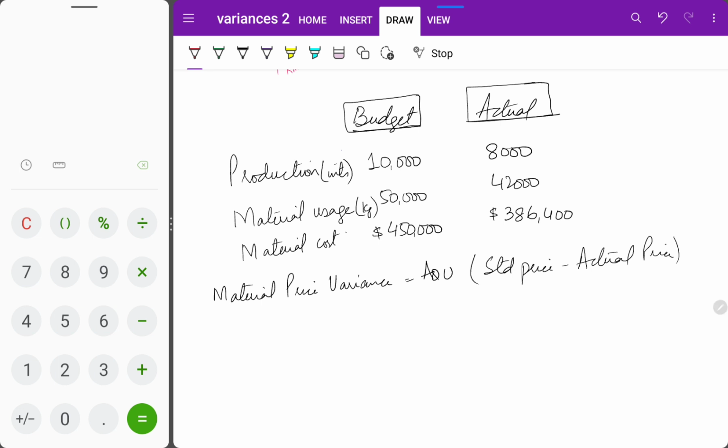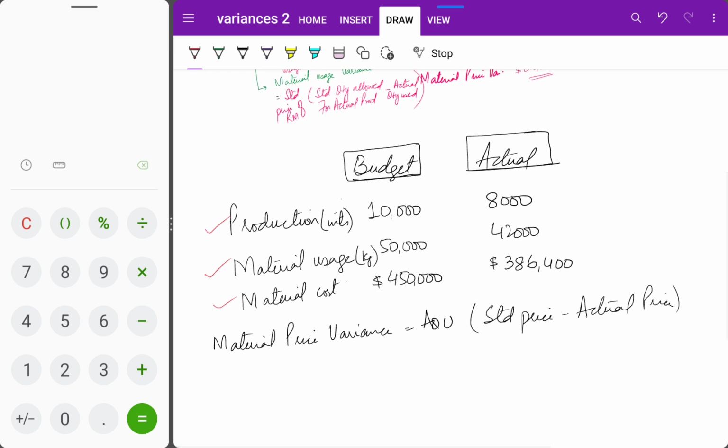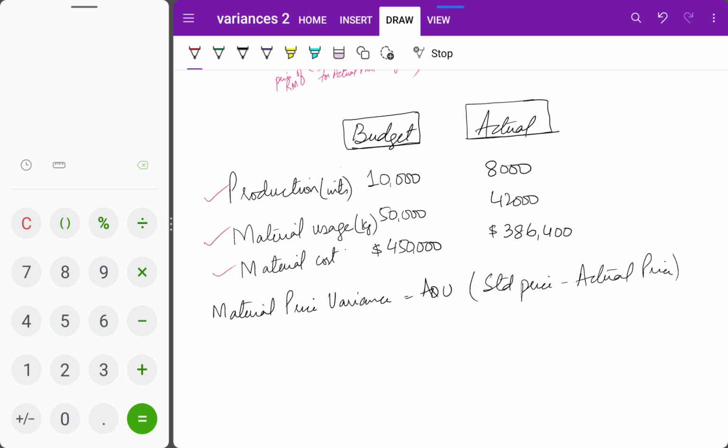What is given is the budgeted and actual production, consumption, and material cost. We will calculate the standard price from the budget, because if we use the actual data, we will get the actual price.